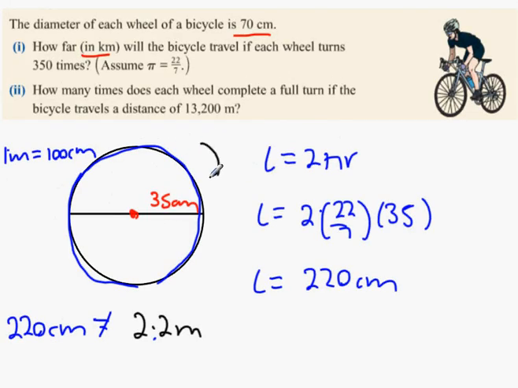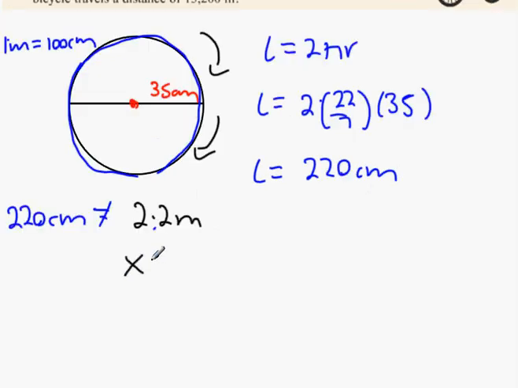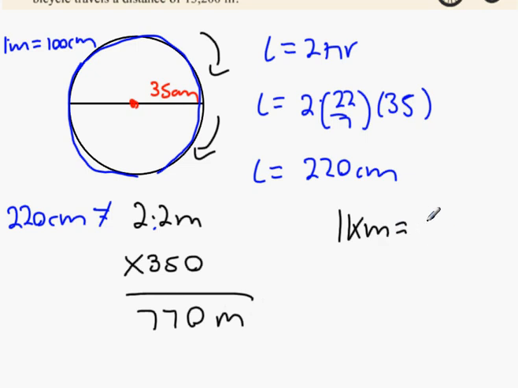How many times does our wheel turn? 350. Multiply by 350, and what do we get? 770 meters. Now, new question for you. 1 kilometer equals how many meters? 1,000.